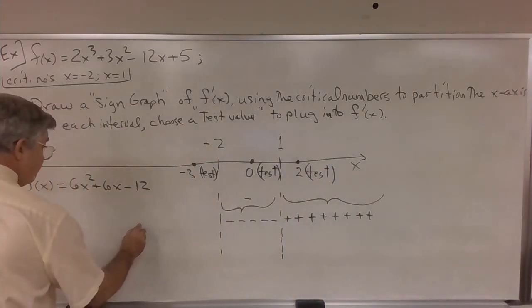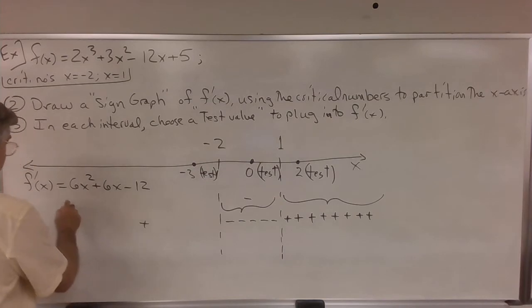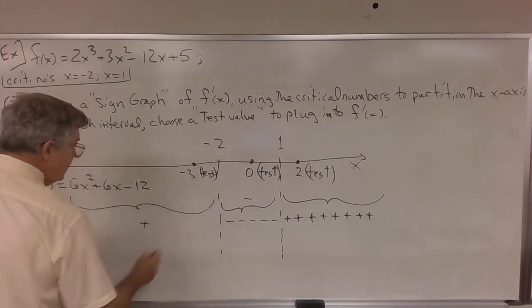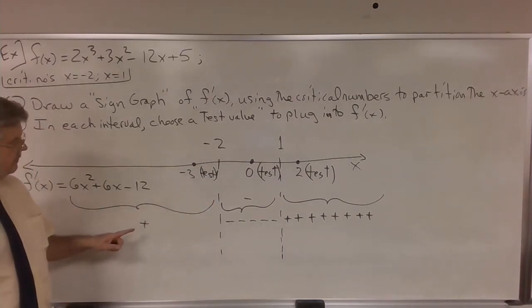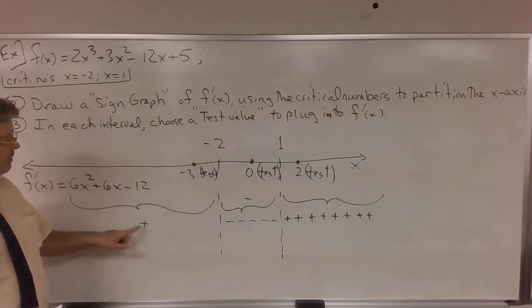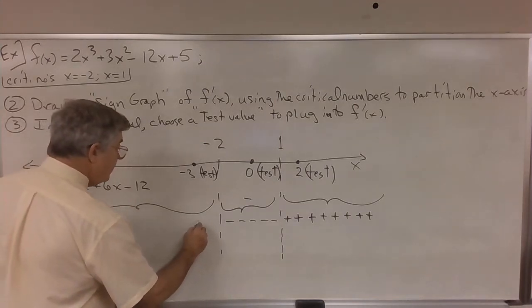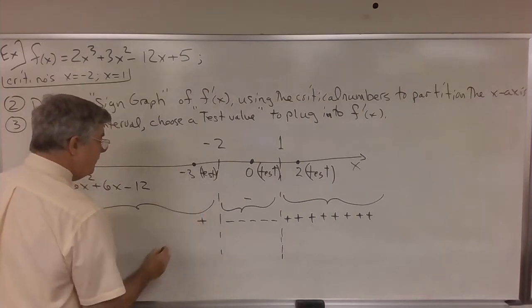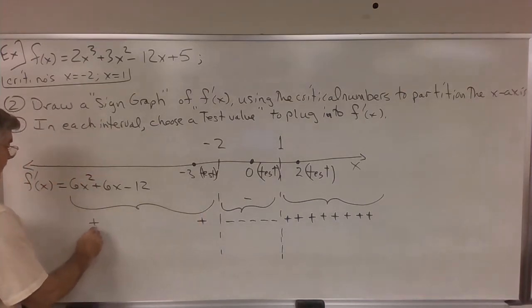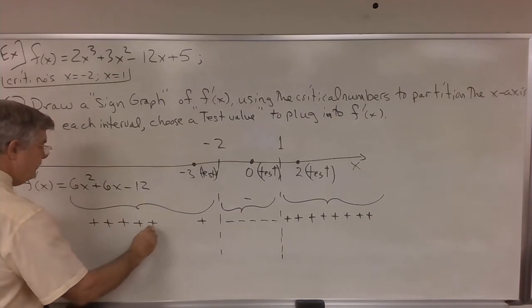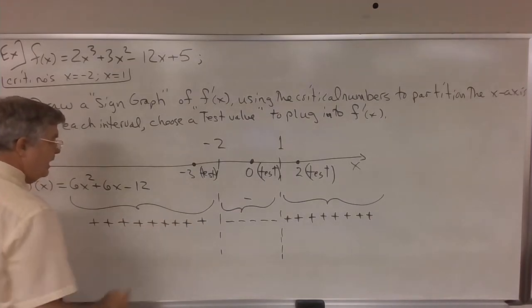And call me crazy. You won't be the first to call me that. But I just have this hunch that if the derivative is positive right here at x equal negative 3, then it should be positive throughout the rest of the interval.